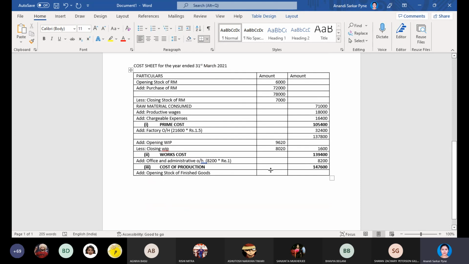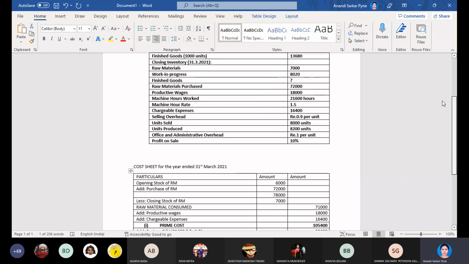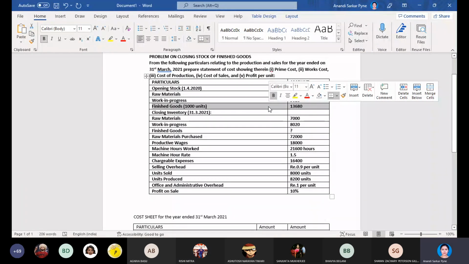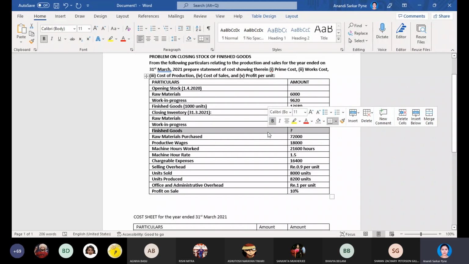Now here we need workings. Ma'am, will you repeat how this amount is coming? 13,680 is there in the question, the opening stock of finished goods. But we don't have the closing stock of finished goods.